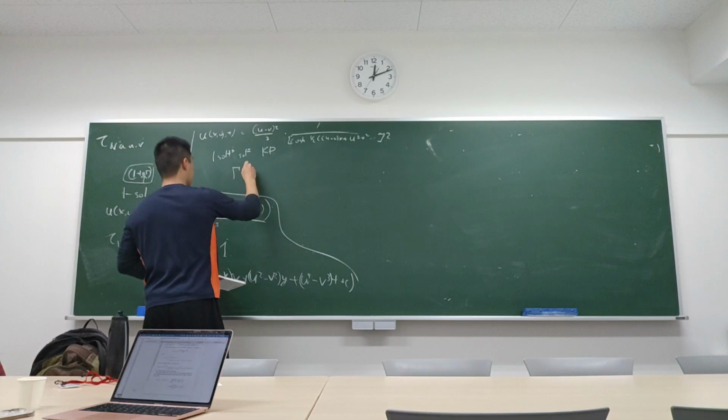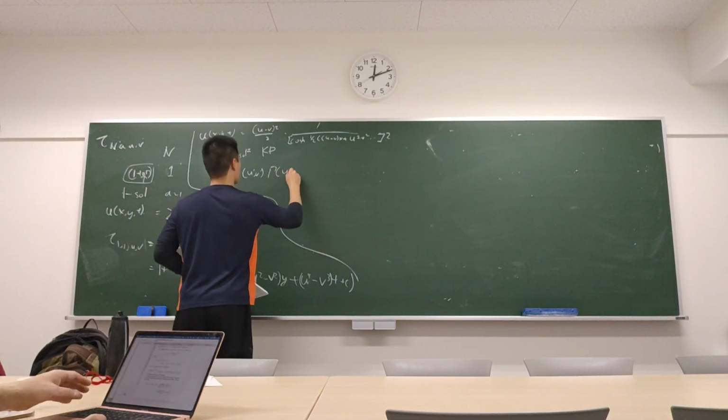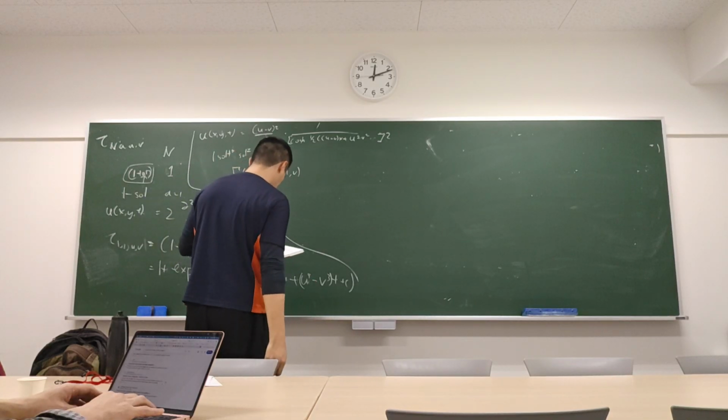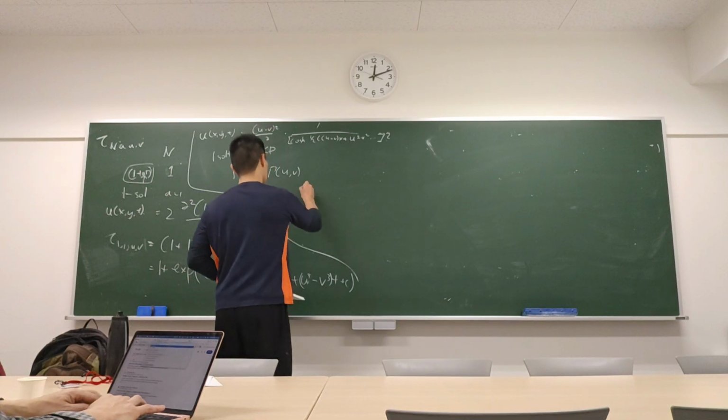So recall that we had this gamma u v thing previously, and we can extend this to u n. So this allows us to write down an explicit formula for the n soliton solutions.